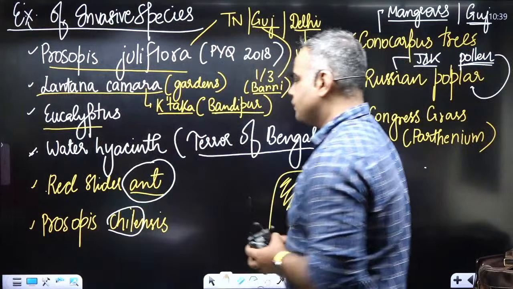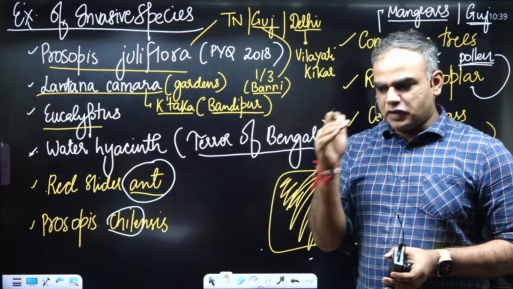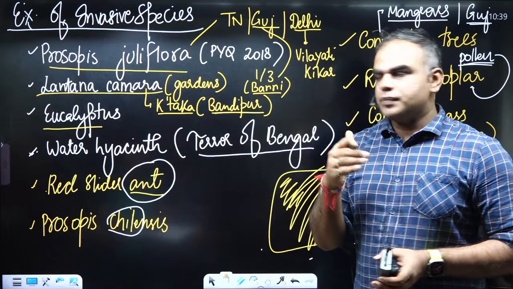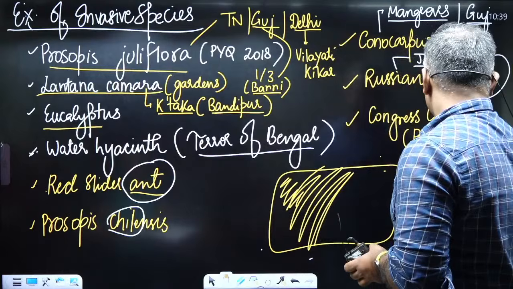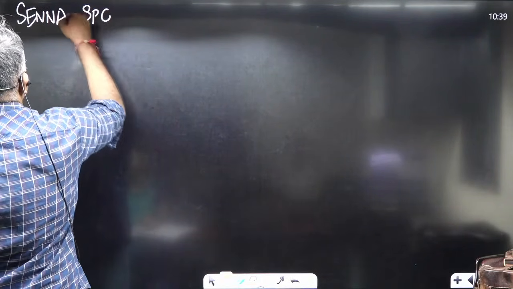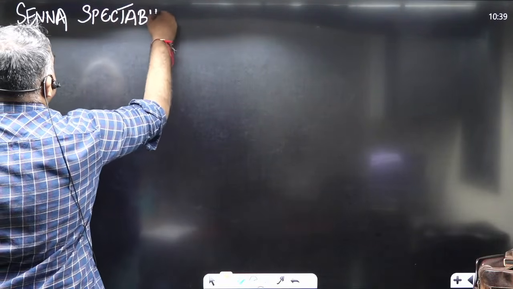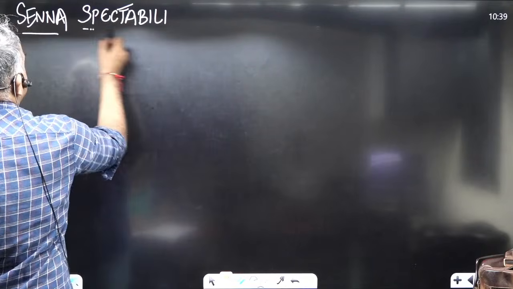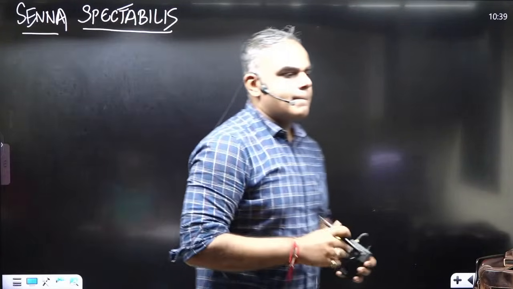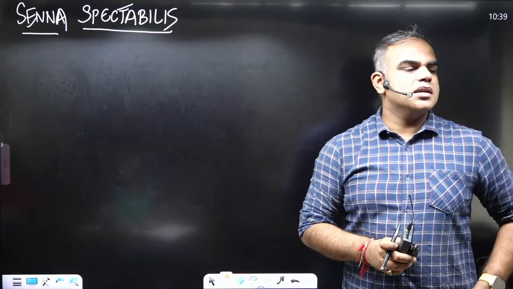Now, just one species I'll give you as homework. You'll read about it, and you will see why it is in the news, not recently, but for the last 2-3 years. That name is, let me write it on the next one: Senna spectabilis.